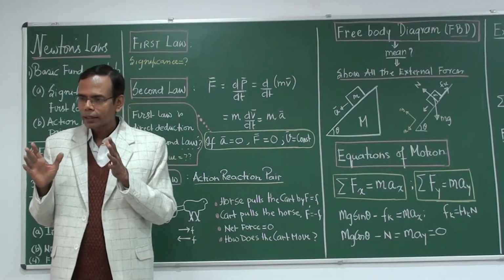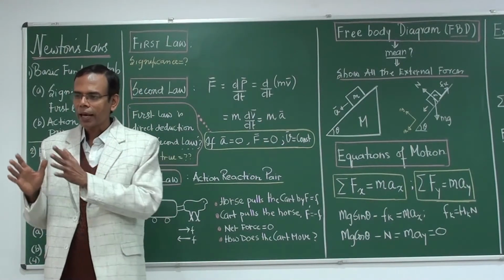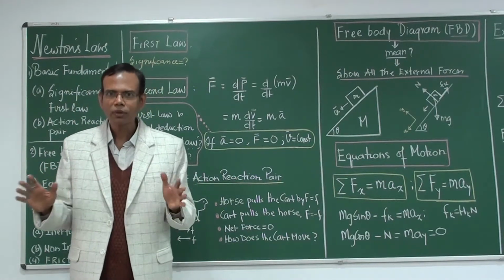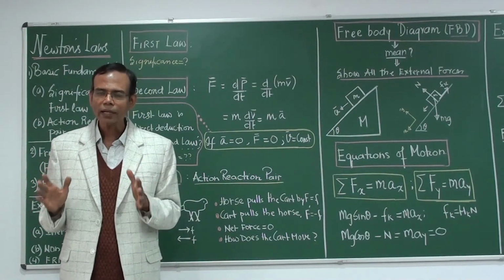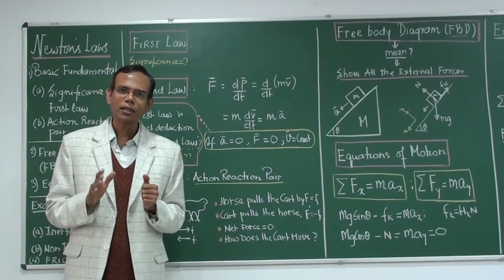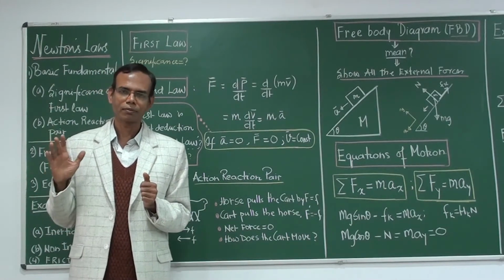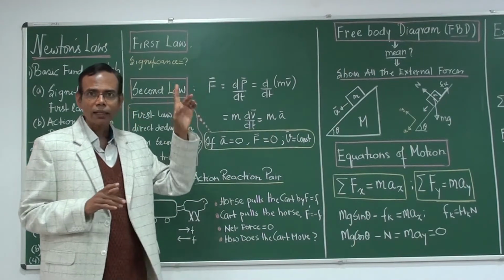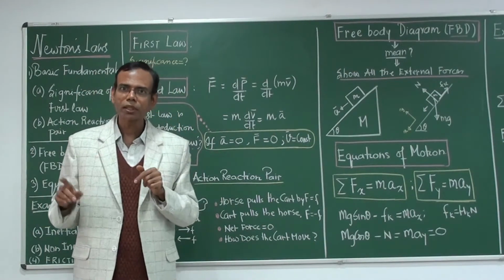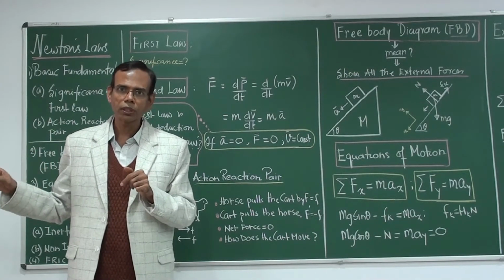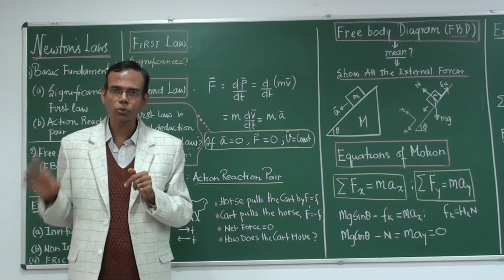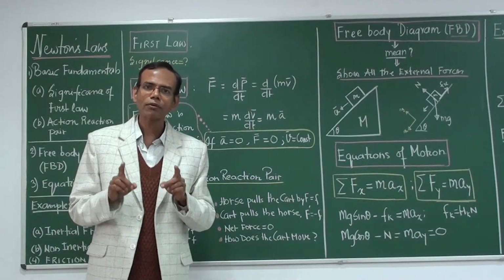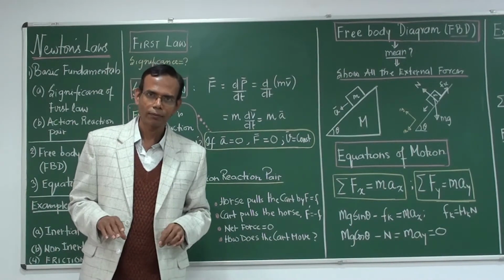So if force is 0 and acceleration is 0 in a particular frame, then that frame is known as an inertial frame of reference. Whatever Newton's first law says, that a body continues to be in its state of rest or of uniform motion in a straight line unless acted on by a force, this will happen only in an inertial frame of reference.